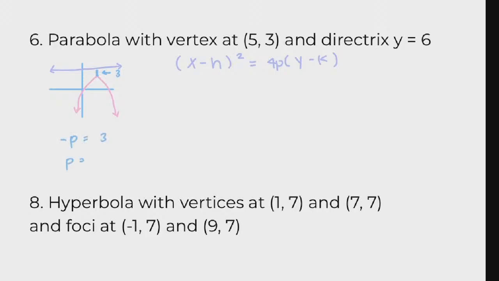So that means p is going to equal negative 3. And then that's what we can plug in as well. So it would be (x minus 5) squared equals 4 times negative 3 times (y minus 3). So that's going to be (x minus 5) squared equals negative 12 times (y minus 3).